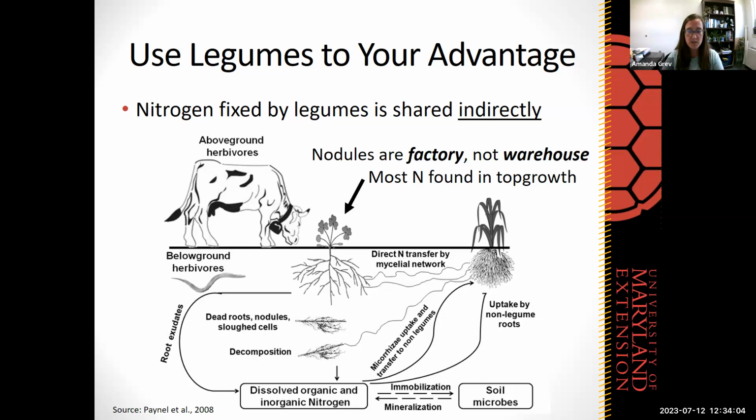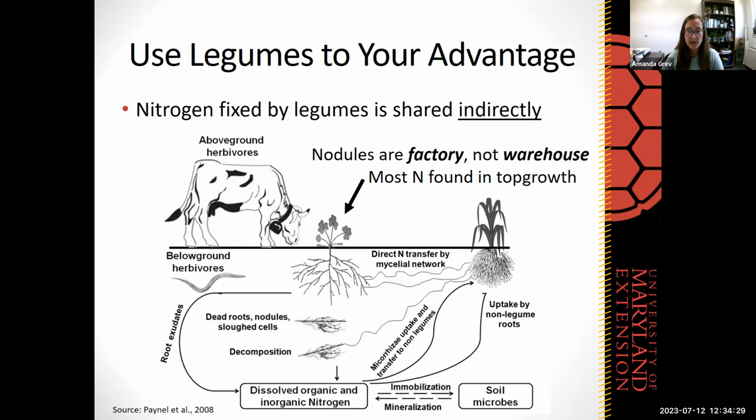And the other thing to consider is that those nodules, which are again below the soil surface with those roots, we think of them as the factory, right? So they're producing that nitrogen. They're not the warehouse. So that means that they're not the main site of storage for that nitrogen. Most of the nitrogen in a plant is actually found in the top growth, so above the soil surface.